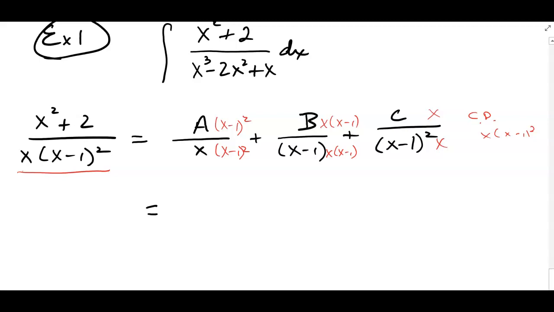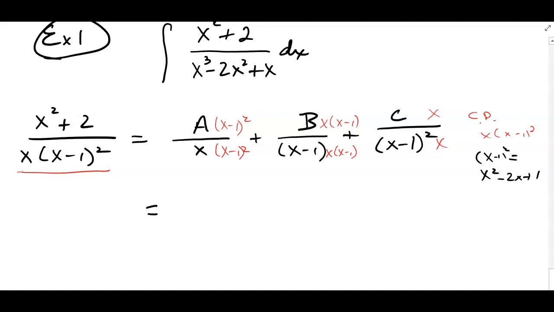I'm going to combine it, and then I'm going to put it in one term. So if you want, off to the side, what is (x minus 1) squared? That's your x squared minus 2x plus 1. All right.